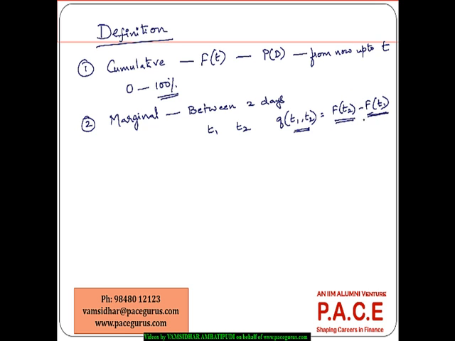So the difference between these two cumulative probabilities gives me the marginal probability of default, which is the possibility of default between time t1 and t2.